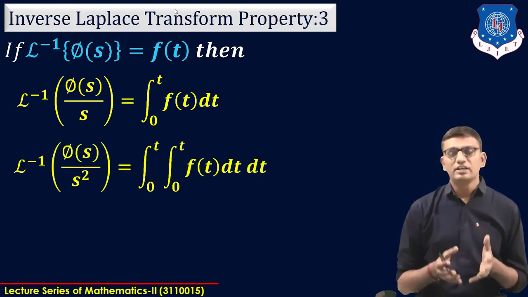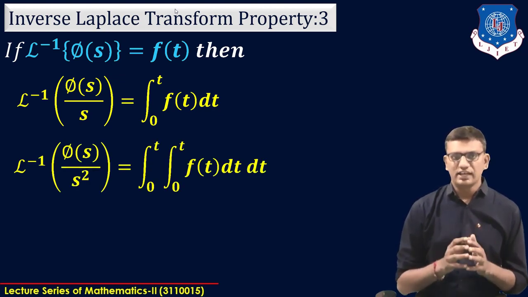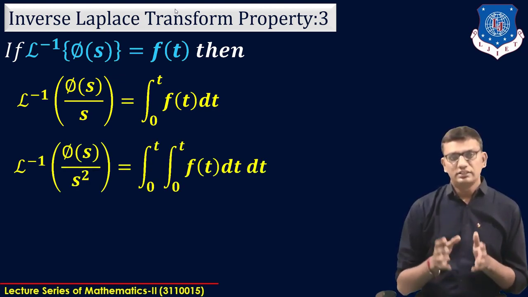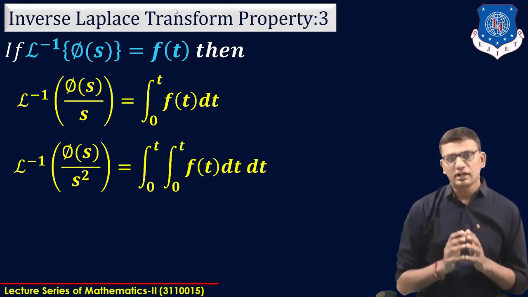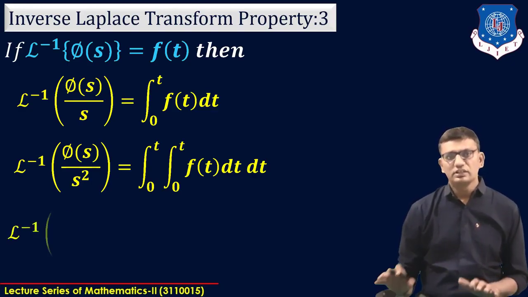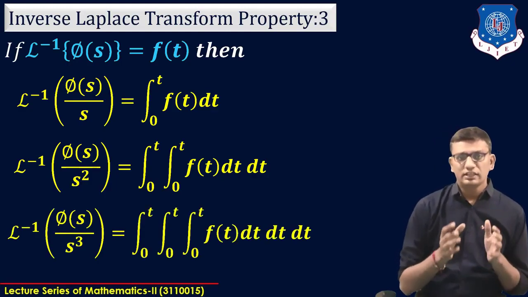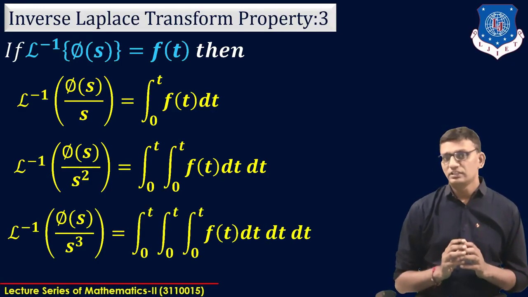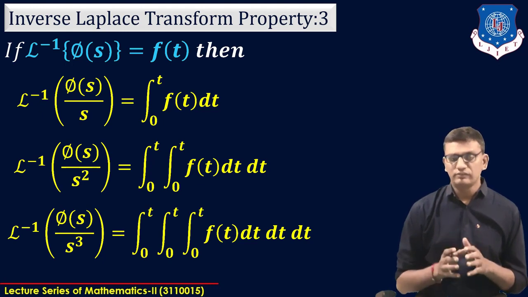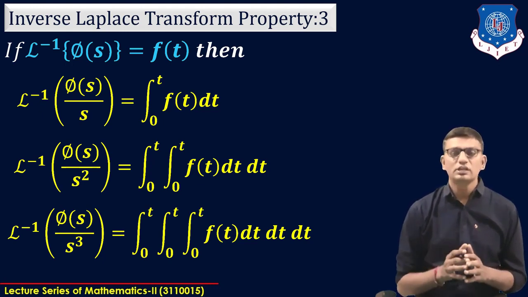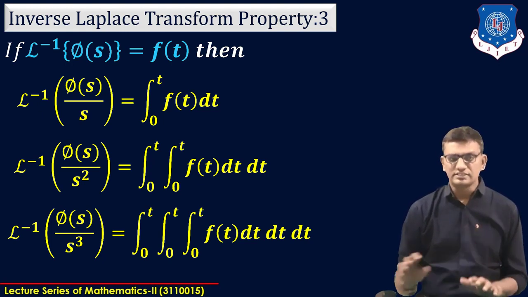If we divide phi of s by s square, then we take the integration of f(t) two times on the right hand side. If we divide phi of s by s cube, then we take the integration of f(t) three times from 0 to t.